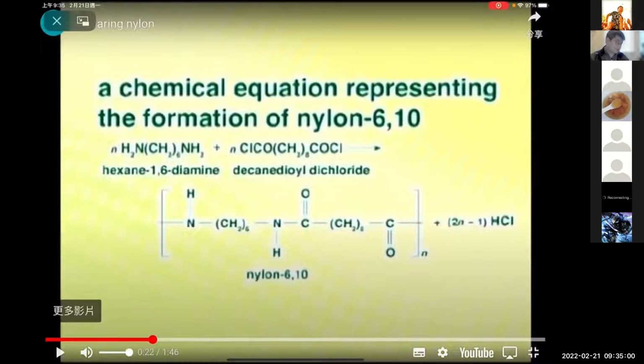Acid chloride and acid carboxyl group. Gentlemen, do you know the difference between acid chloride and acid in terms of reactivity? Anyone know?